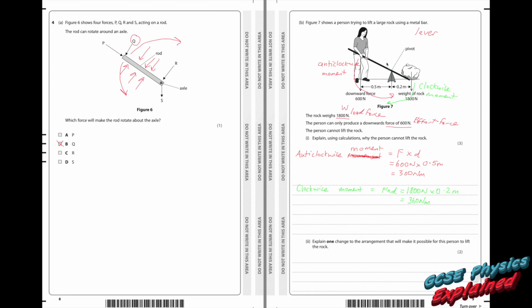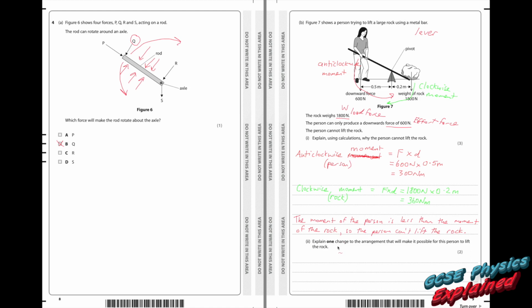Right, well, she's not going to be able to lift the rock even using the lever, and that's because the clockwise moment of the rock is bigger than the anti-clockwise moment of the person. And that'll get you 3 marks.